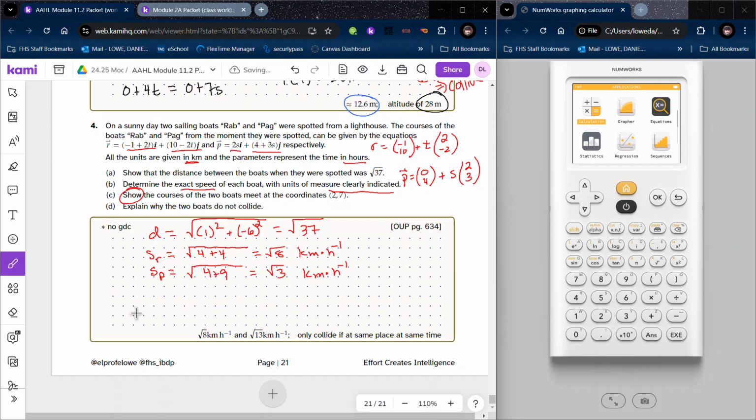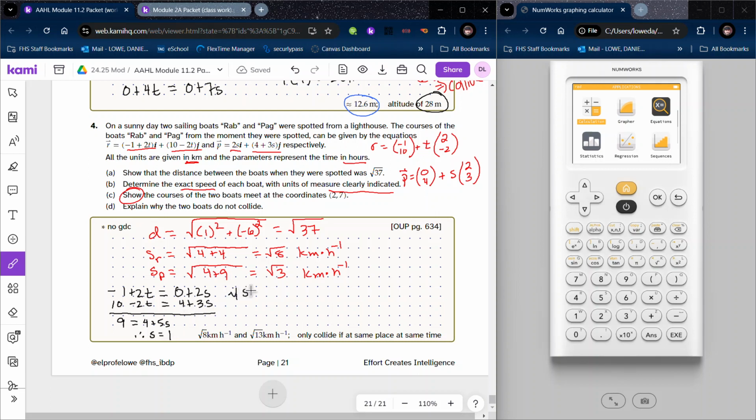So we need to set our equations equal to each other: in the x direction, -1 plus 2t needs to equal 0 plus 2s, and then in the y direction, 10 minus 2t needs to equal 4 plus 3s, right? If we add these up, I have 9 is equal to 4 plus 5s, so therefore I know that s is going to be equal to 1.